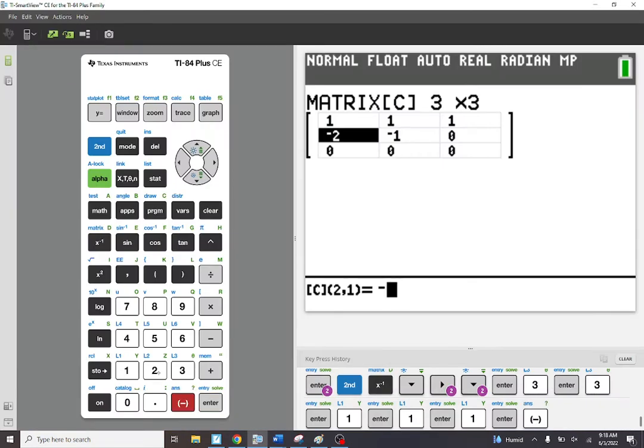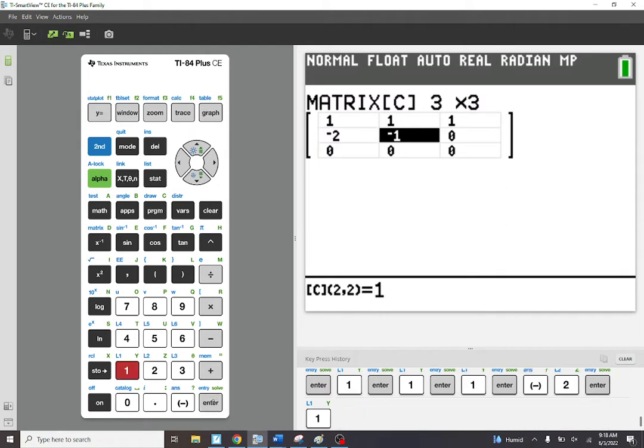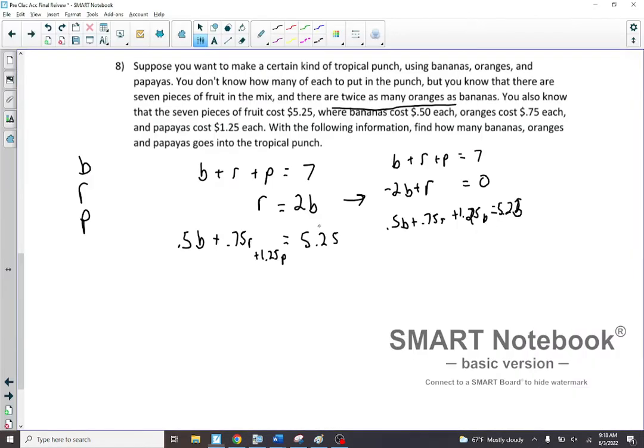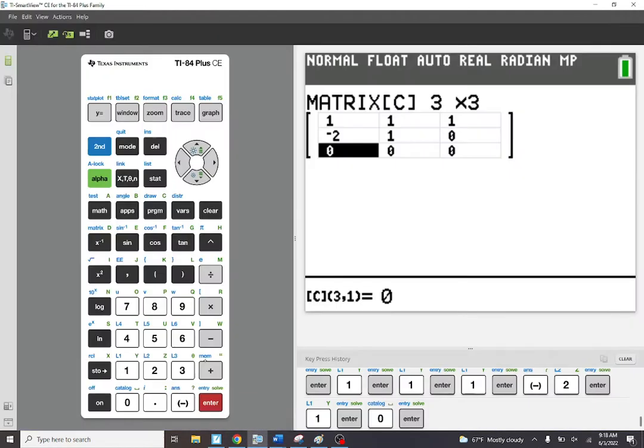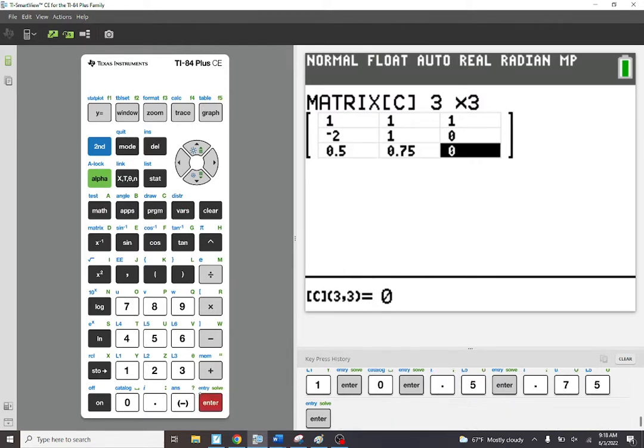So negative 2 bananas for every 1 orange for no papaya. So I'm going to keep that 0. And in here, 0.5 bananas for every 0.75 oranges for 1.25 papayas.